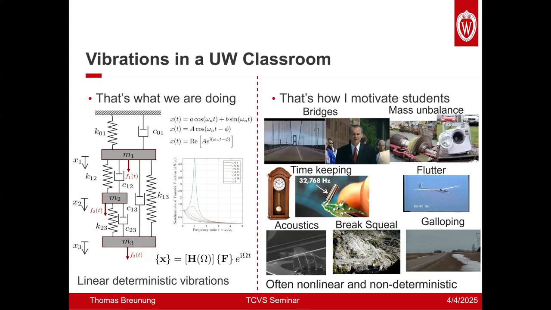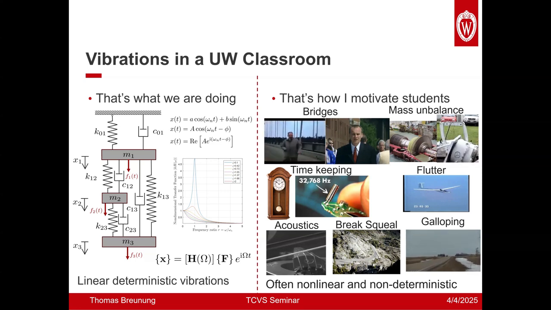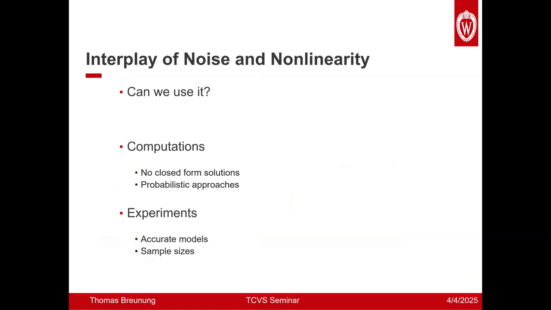So in most of these examples, I try to motivate linear deterministic vibration theory. We actually should have also talked about nonlinear and non-deterministic or stochastic aspects. And so what can we do if we now have noise and nonlinearities in our system?